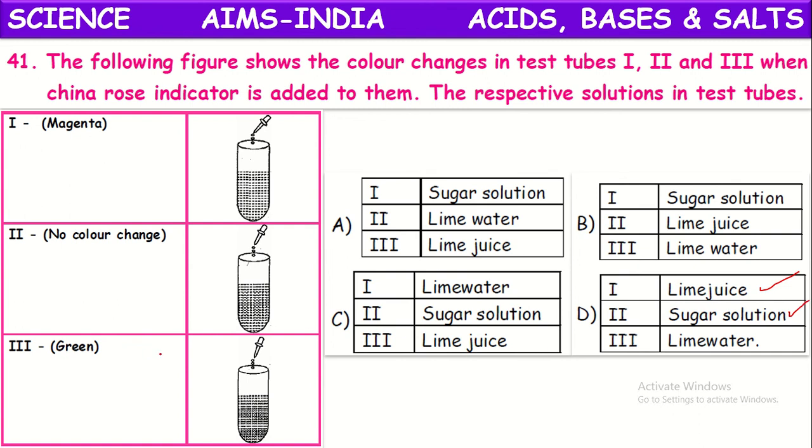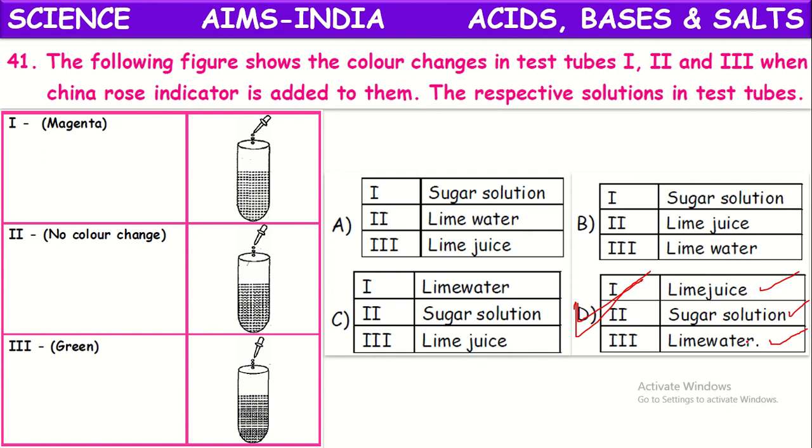The third one shows green color, so the third solution should be basic in nature, that is lime water, calcium hydroxide solution. So now this will be the correct answer. The first one is acid, the second one is neutral, the third one is base. Lime juice contains citric acid or ascorbic acid. Sugar solution is neutral and lime water is basic in nature, which contains calcium hydroxide.